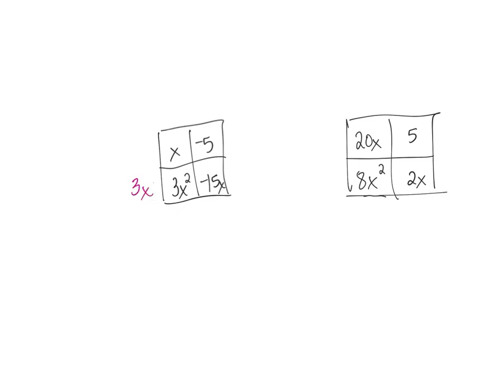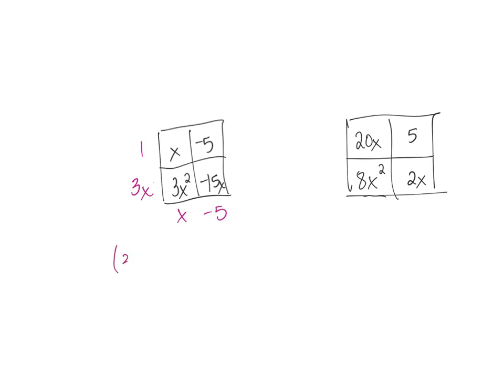So 3x times x gives me 3x squared. X times 1 gives me x. 3x times negative 5 gives me negative 15x. And then I double check, negative 5 times 1 gives me negative 5.